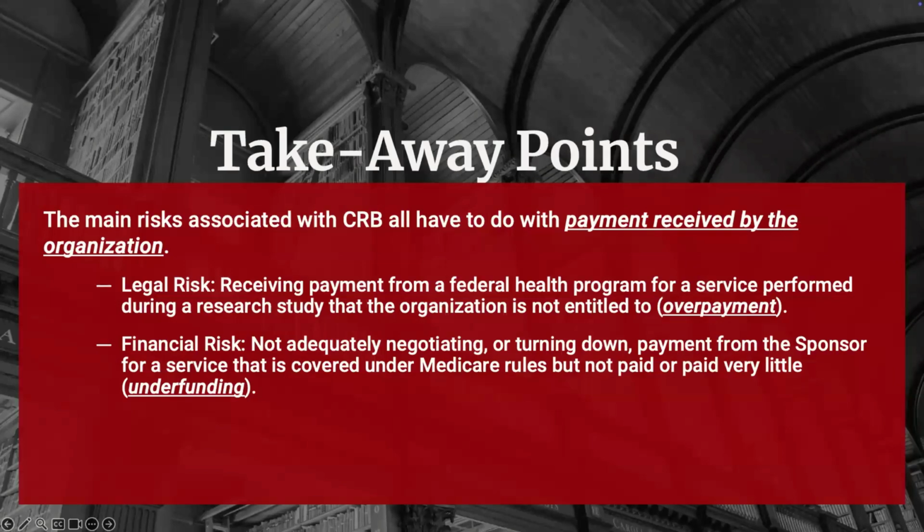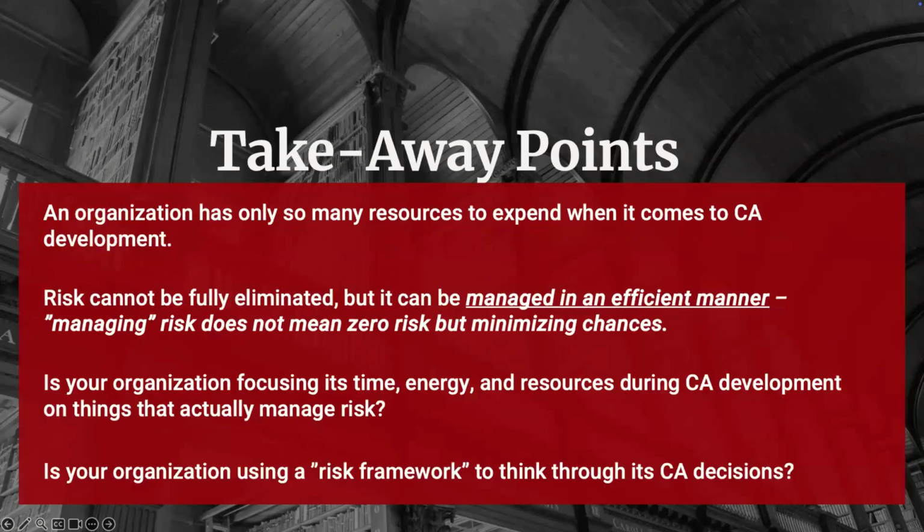On the financial risk side, it's not adequately negotiating or turning down payment from the sponsor for a service that is covered under Medicare rules, but not paid or paid very little. So that's underfunding. So the main takeaway here is that the main material risks associated with the clinical research billing process have to do with money that is actually received by the organization. So that's an important point to keep in mind.